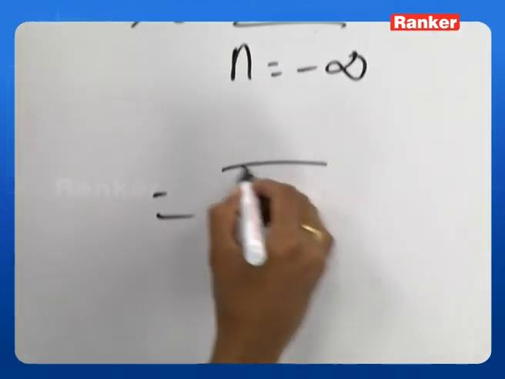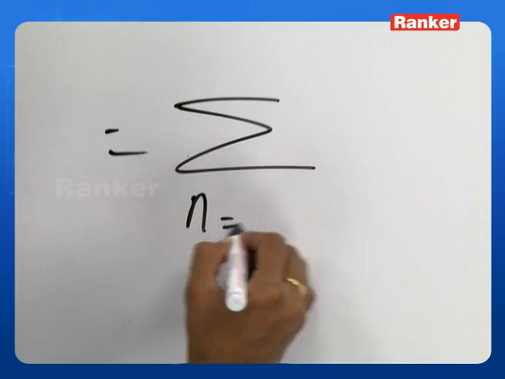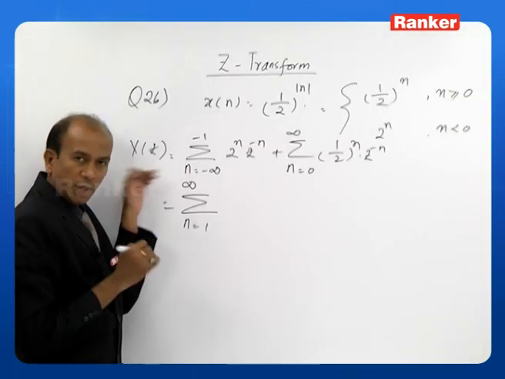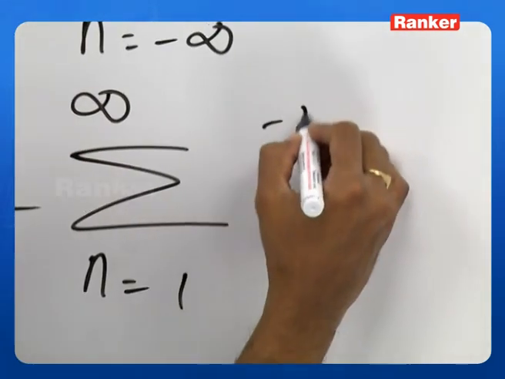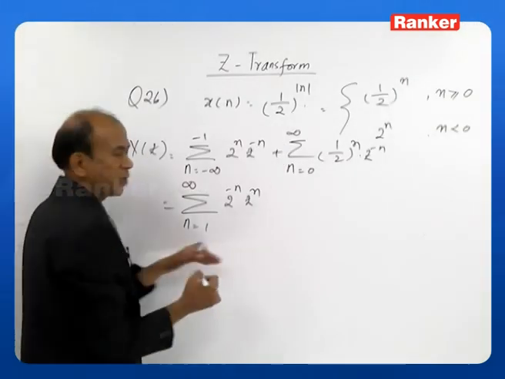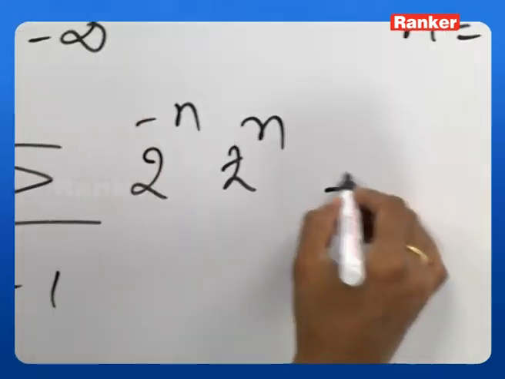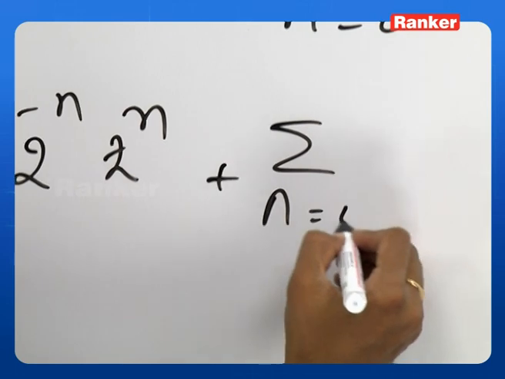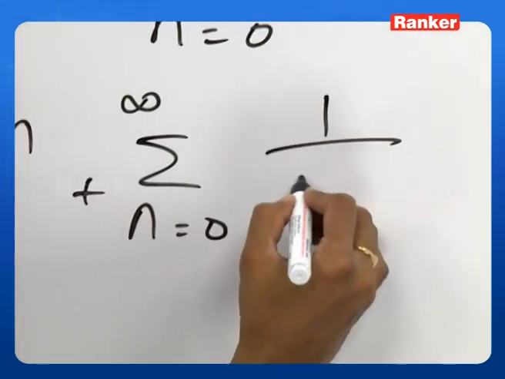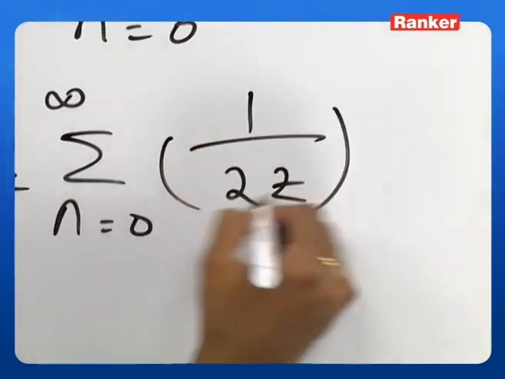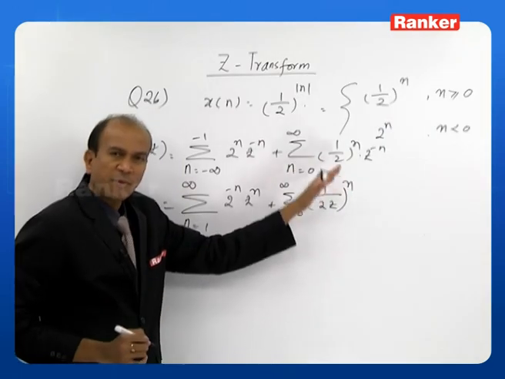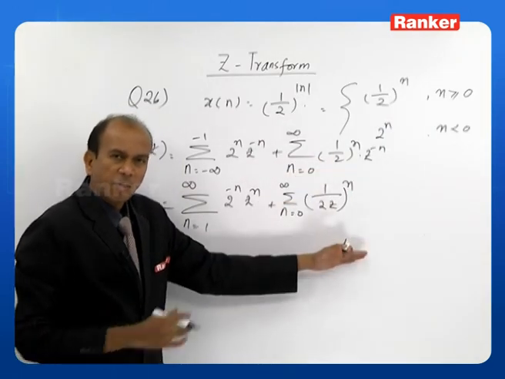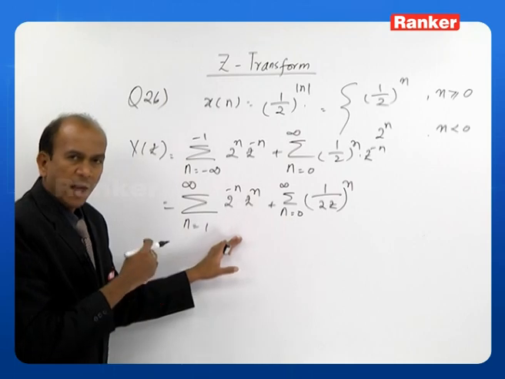So this I can write as the sum from n equal to 1 to infinity, and I will convert this to 2 to the power of minus n, z to the power of n, plus the sum from n equal to 0 to infinity of (1 by 2z) whole to the power of n. This is a familiar formula which you have done so many times, you can just put it down directly, but this has to be thought a little.